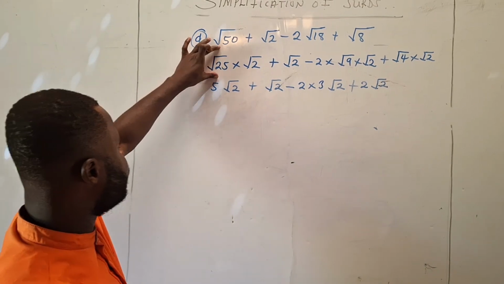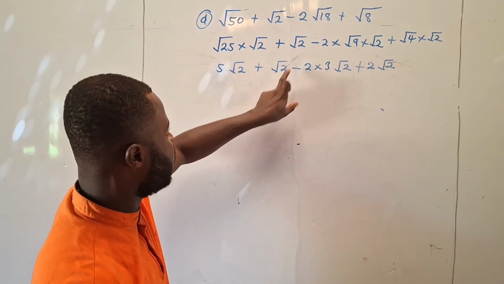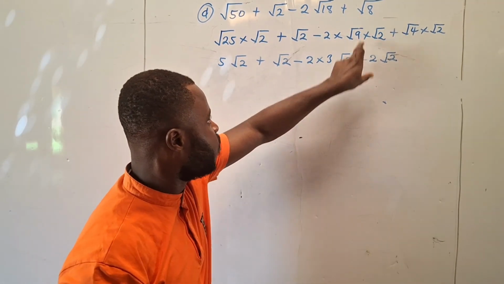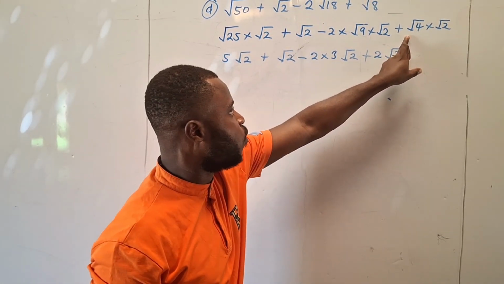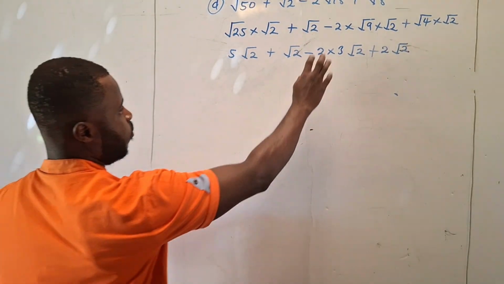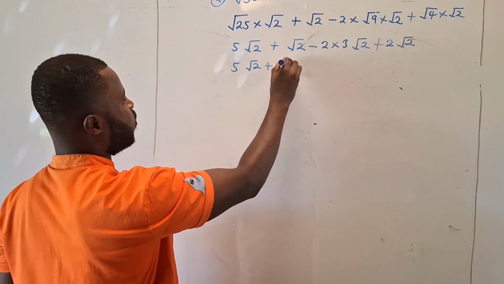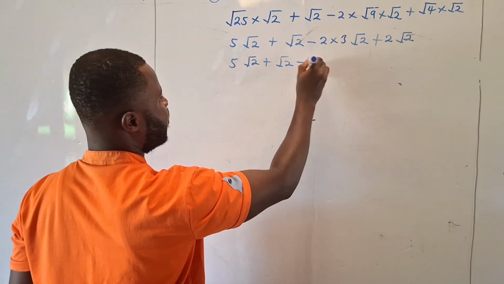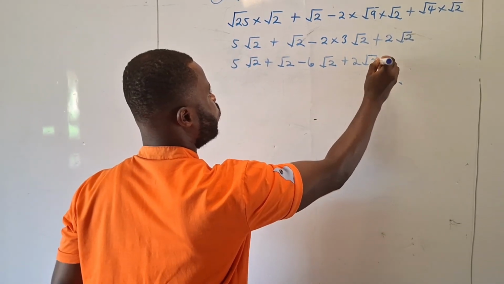Yes, so this 5 root 2 will come plus root 2, which is here. Now 2 times 3 root 2, when we simplify this one, plus square root of 4 is 2, this one 2 root 2. Now, let's simplify this: 5 root 2 plus root 2 minus 6 root 2 plus 2 root 2.